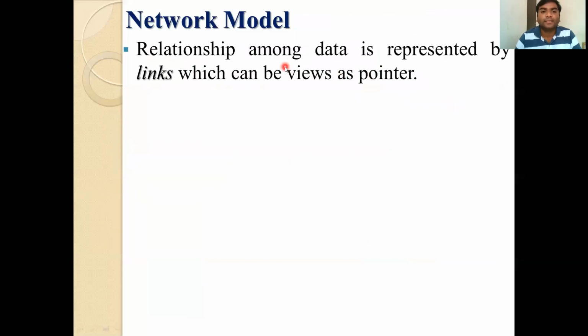Relationship among data is represented by links, which can be viewed as a pointer. The relationships shown by those lines are represented by links, and can be seen as pointers.